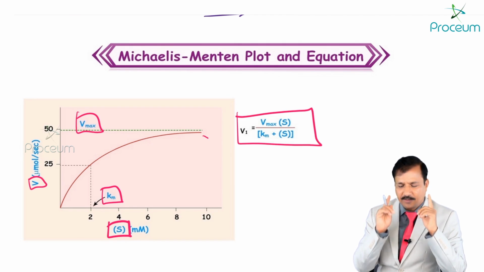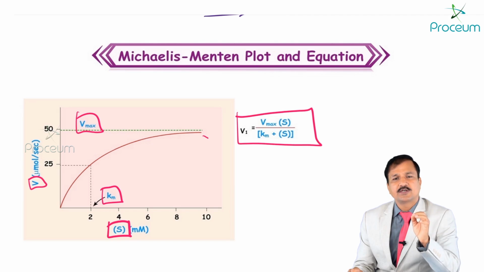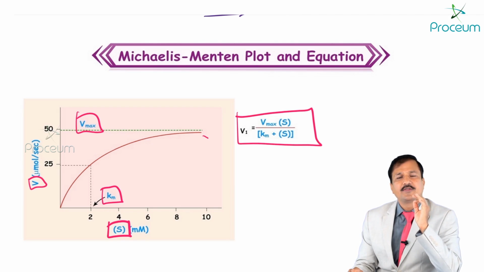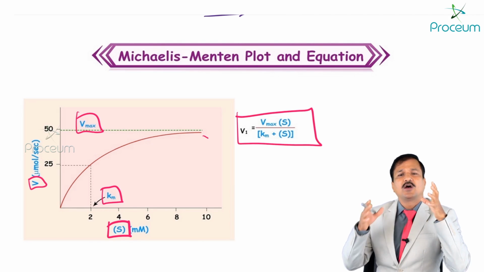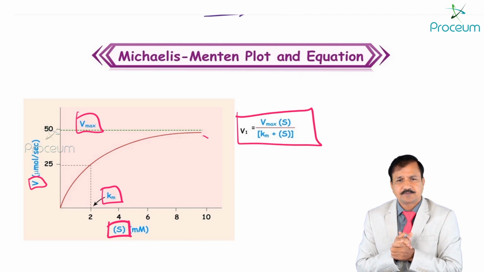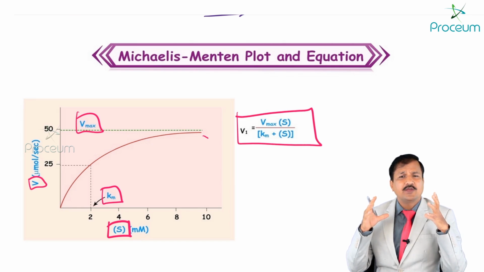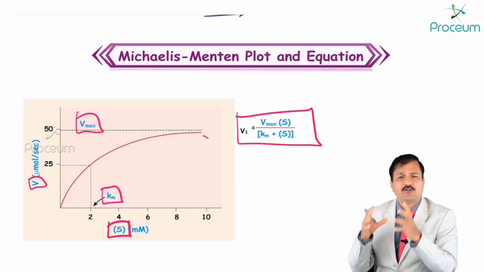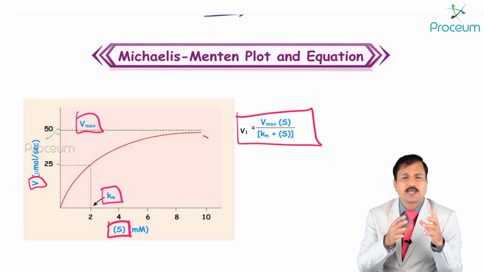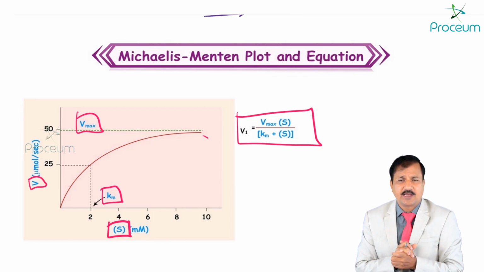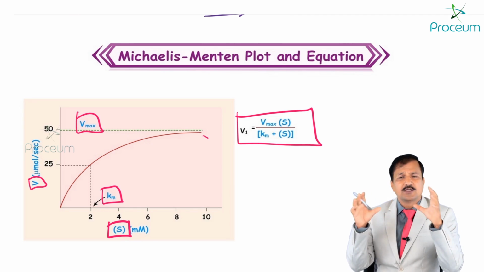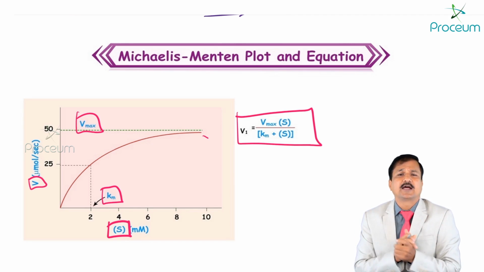So make sure you remember this particular equation, and it is necessary that you remember it because there will be questions using this equation. Whenever we provide the value of Vmax, the substrate concentration, and Km, and the question asks what is the initial velocity of the reaction, we can simply substitute the values and get that number.